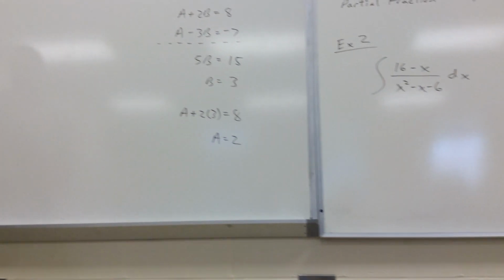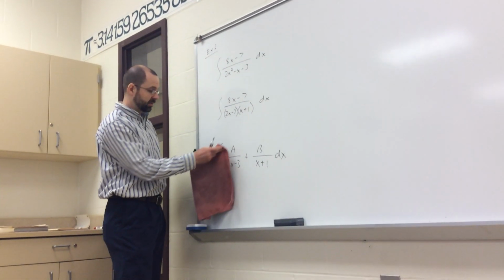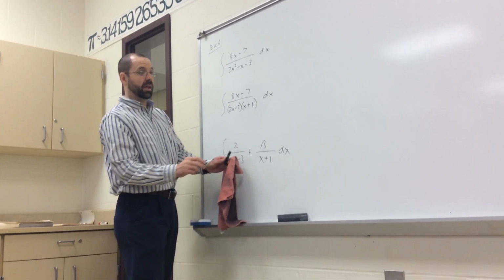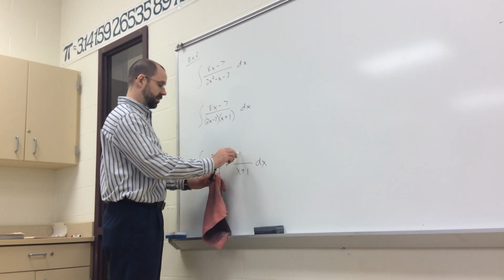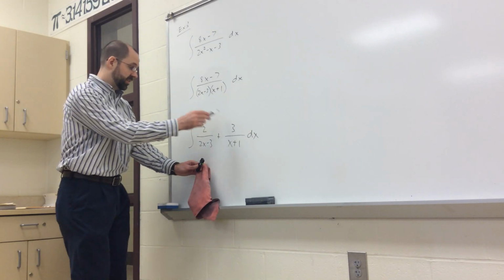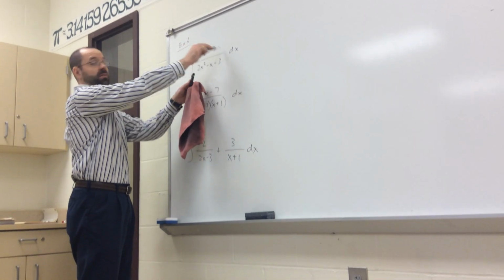So now I know, coming back over to here, that if I put a 2 up here, and a 3 up here, then this whole mess is the same as this.